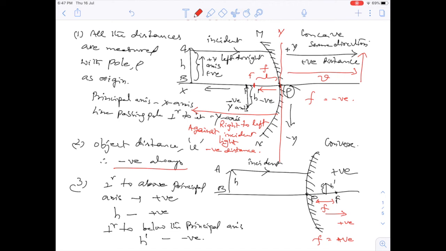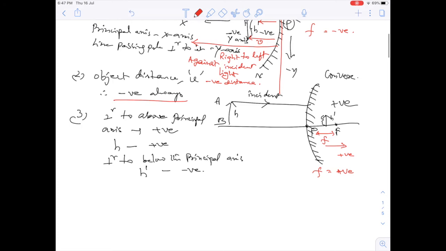And if I consider the image distance here, this is the image distance v, and here it is to the left, therefore it is negative. So, in the case of a concave mirror, you can have a real or a virtual image, and if it is real, it is negative. If it is virtual, image distance is positive.